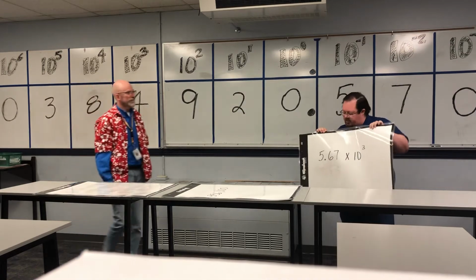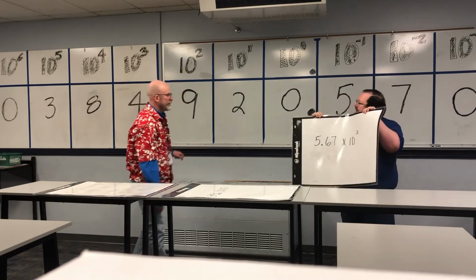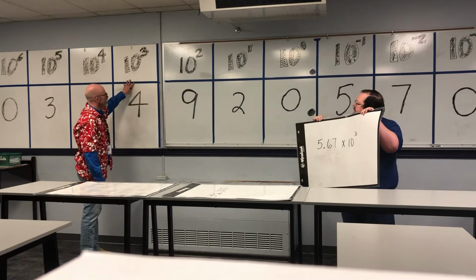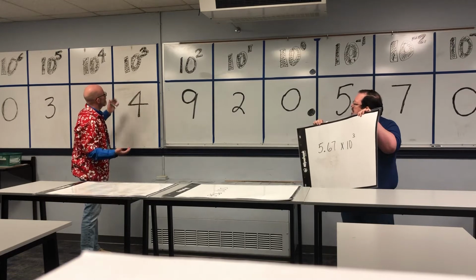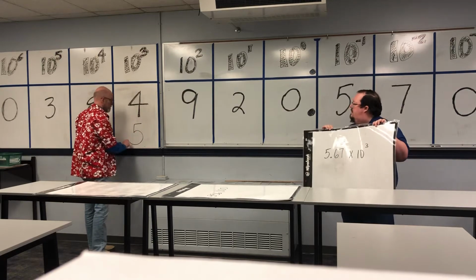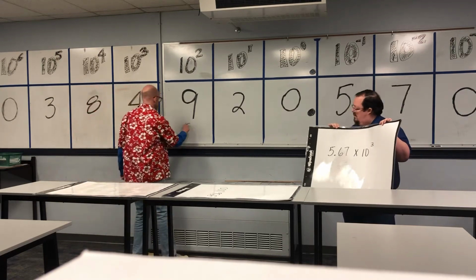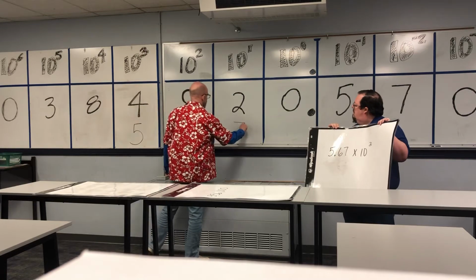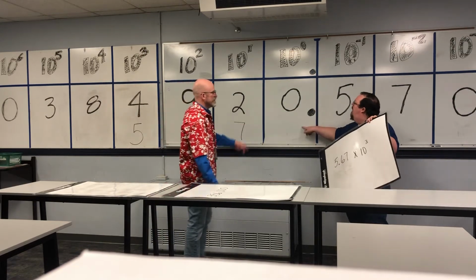So this number must start there with a 5. So a 5 here. But it would be like 5, and then a 6 and then a 7, and then just keep going. What do I do with these?